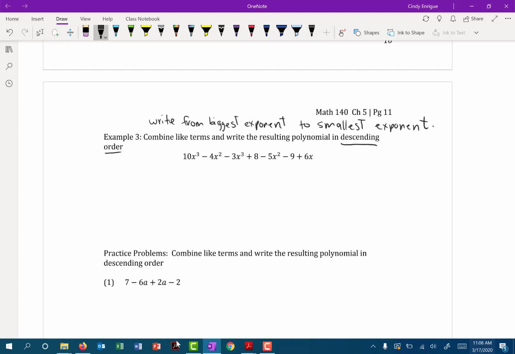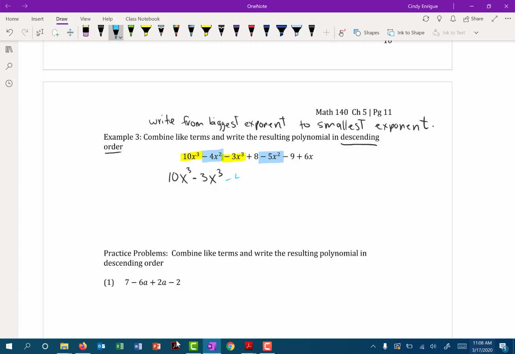Okay. So we want to combine some terms together. So here I have a 10x^3 and a negative 3x^3. So those are going to be my x to the 3 power. The second thing I'm going to be looking at is my degree 2. So there's my degree 2 and there's my degree 2.